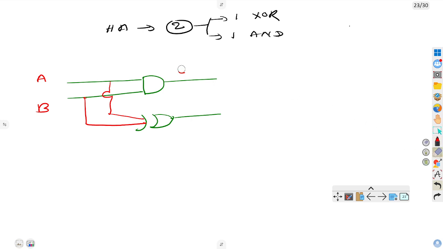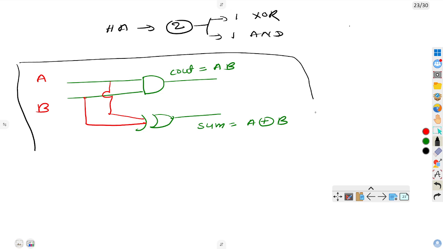That is A AND B, and S for sum. Sum expression is A XOR B. Okay. So this is the circuit of the half adder.